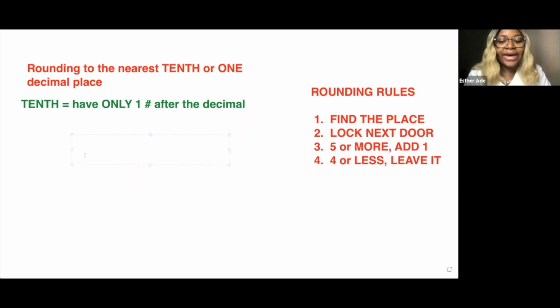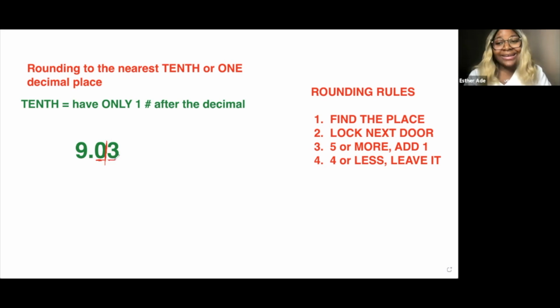So the next one we have is 9.03. Okay, so let's look at this one together. So again, tenth means I have only one number after the decimal. So this is my decimal. This is the number after my decimal. I find a place right there and I lock the door and I look at this number. Is it up to 5?